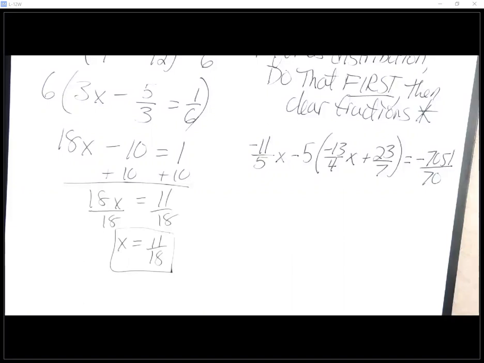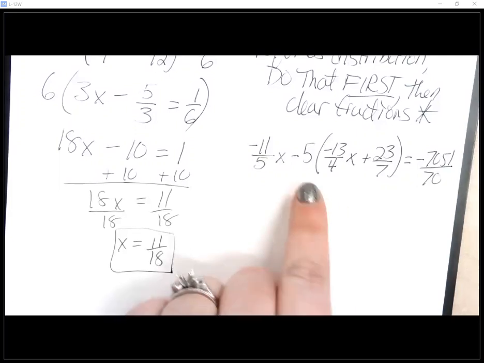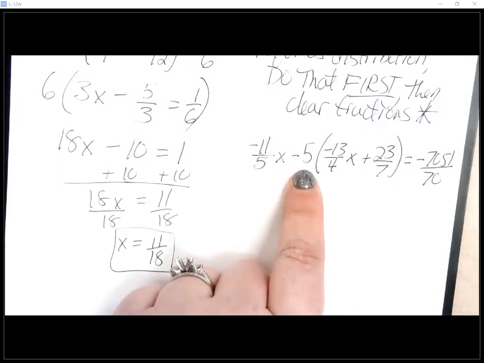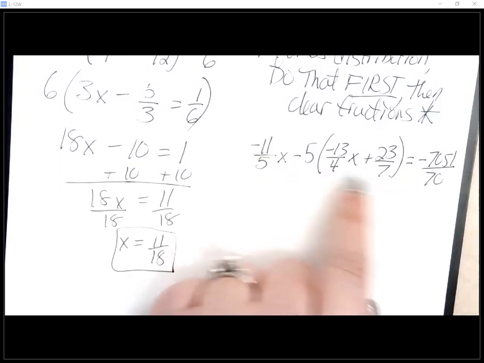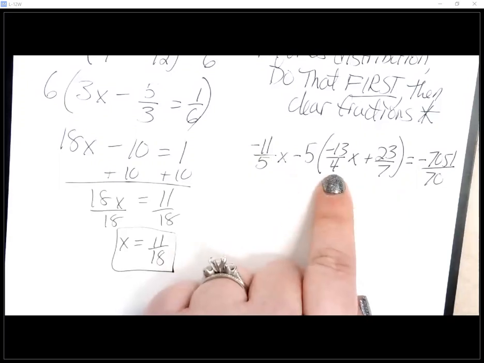You do have a problem that has distribution in it. So start by distributing that negative 5 into that parenthesis. If you're kind of lost, you're going to take that negative 5. It doesn't reduce with either of these denominators, so you're just going to multiply the numerators. I'll do that first step.